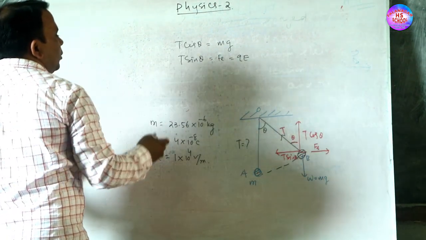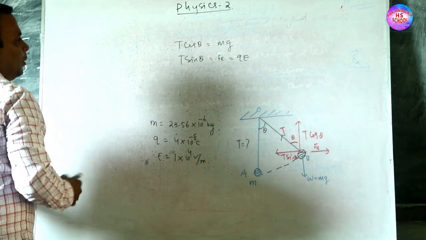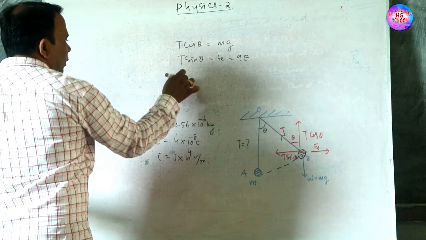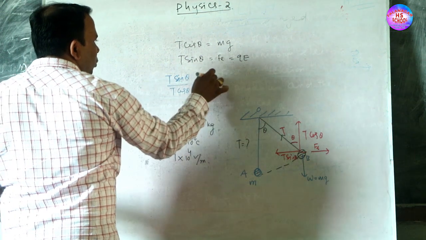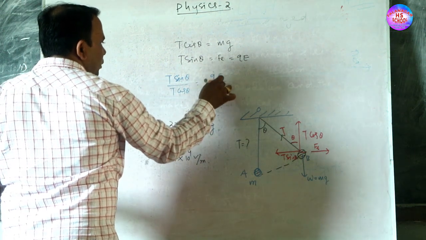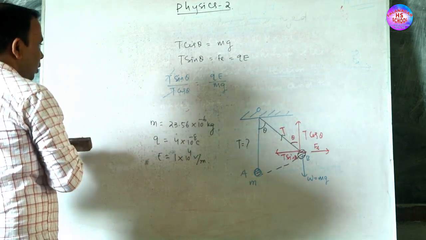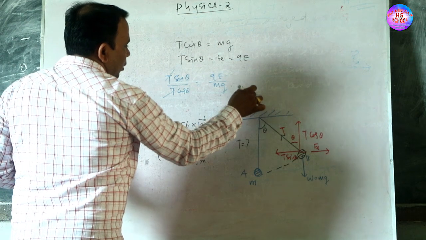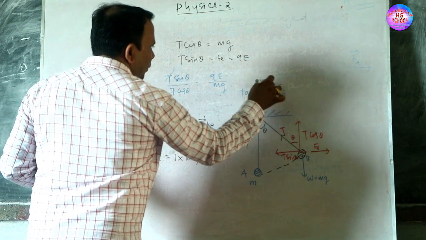Now if we get the angle, then the tension can be obtained by dividing the two factors. T sin theta by T cos theta is equal to QE by mg. T cancels, then tan theta is equal to QE by mg.